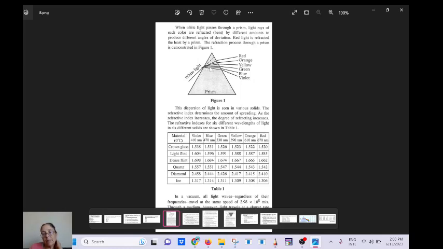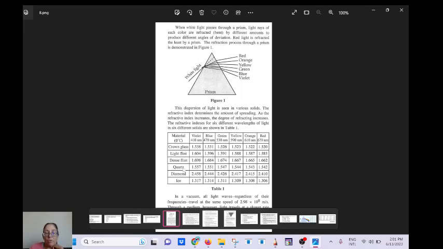But when light goes through a dense material, blue light does not have the same speed as red light when it's traveling inside that medium. So blue light will travel slower than red light. Because it's traveling slower, for blue light the index of refraction will be larger and it's going to be refracted more when entering and exiting.